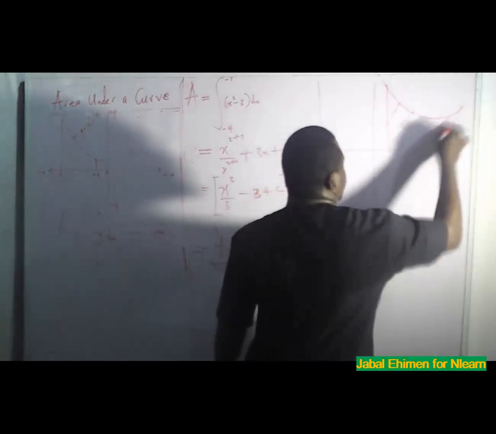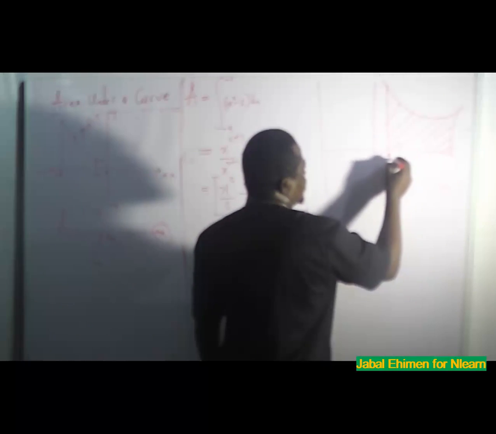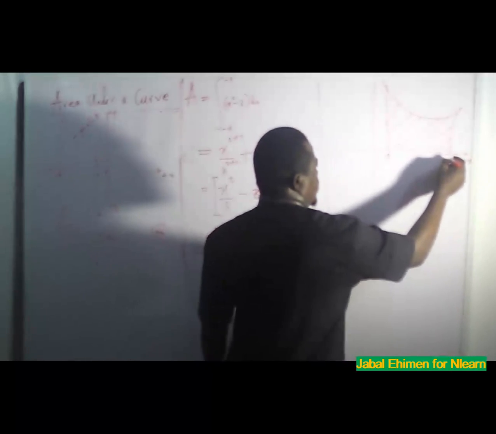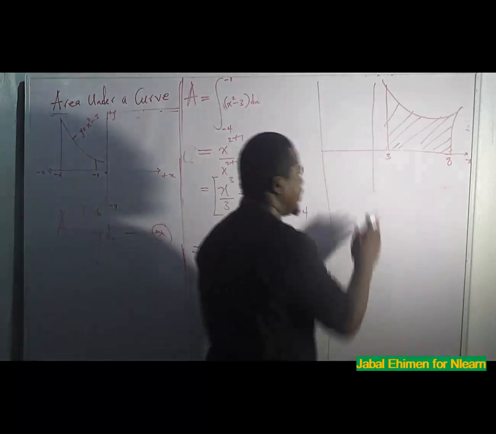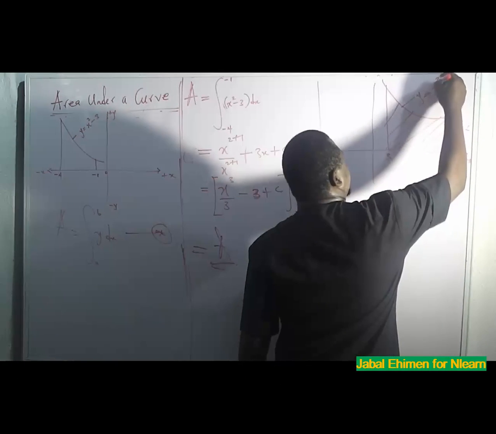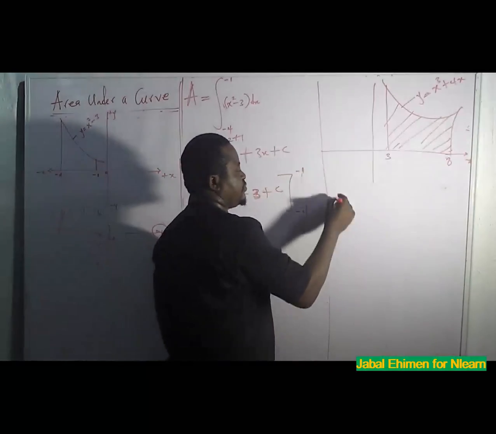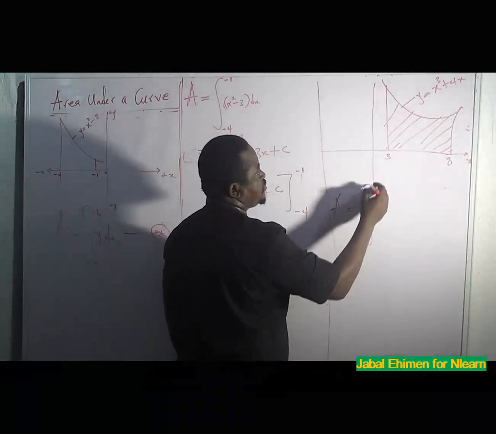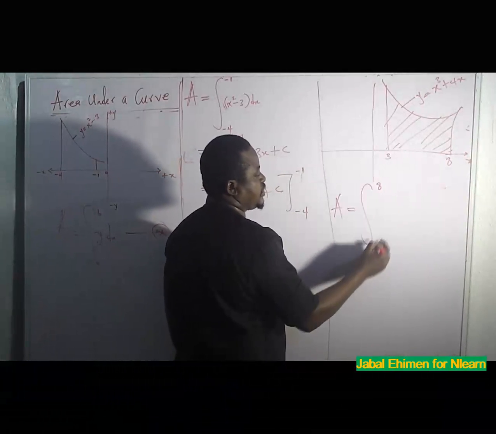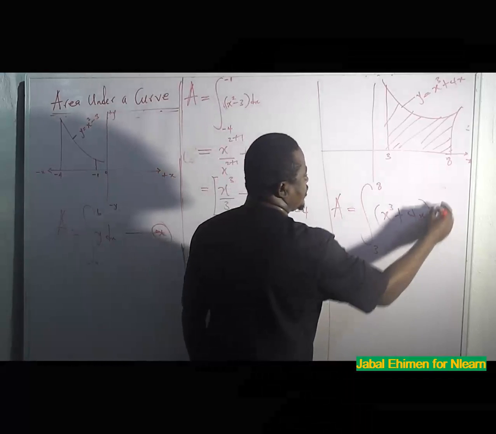Maybe this is shaded, and here you are having 3, and here you are having 8. If you're having something like that, and the curve y equals x cubed plus 4x, what will be the area? The area becomes 8 at the top, 3 down, the integral of x cubed plus 4x dx.